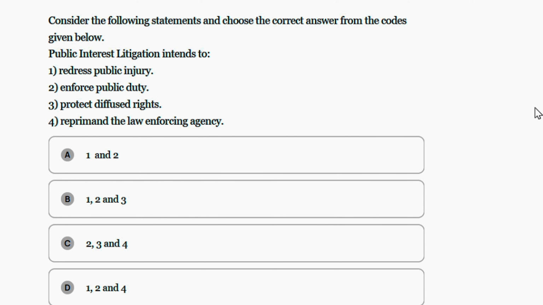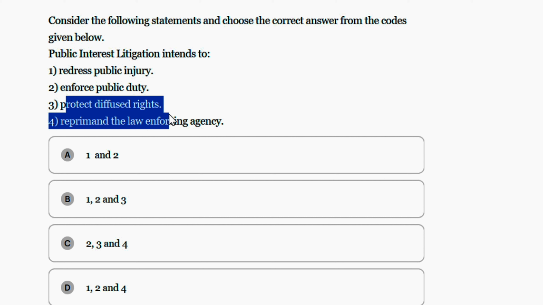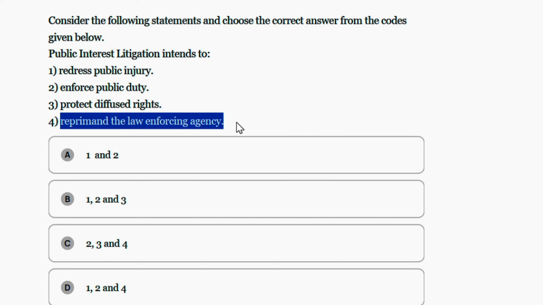Consider the following statements and choose the correct answer from the codes given below. Public interest litigation intends to: 1. redress public injury, 2. enforce public duty, 3. protect diffuse rights, 4. reprimand the law enforcing agency. Options A, B, C, D. So here, 2, 3 and 4.